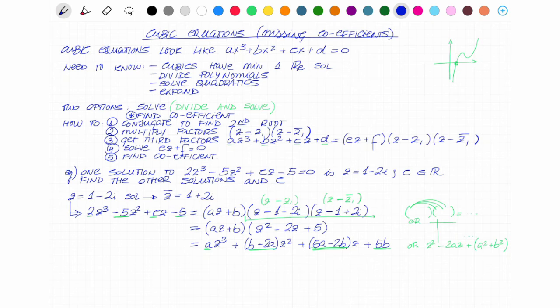So let's come over here, and that means that a equals 2, b minus 2a needs to be minus 5, 5a minus 2b equals c, which is the one we're searching for, and 5b equals minus 5.